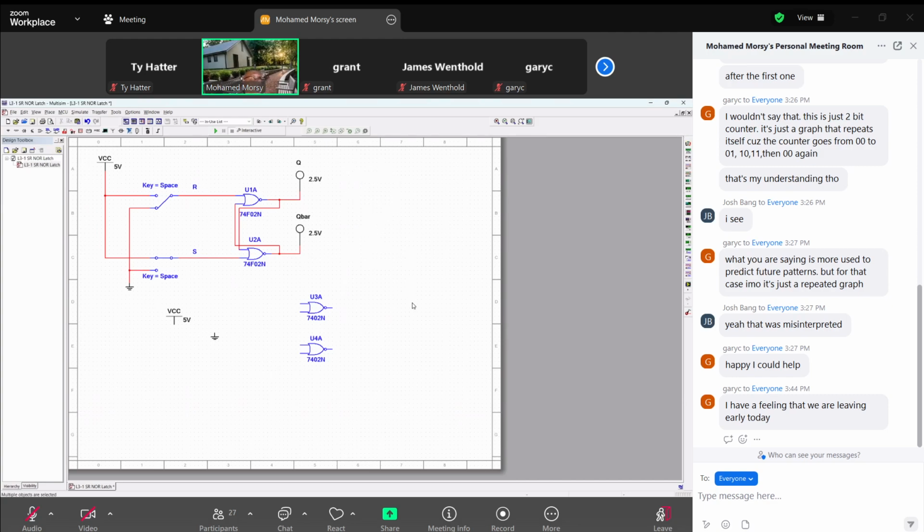Okay, so now we see how we drag these components.